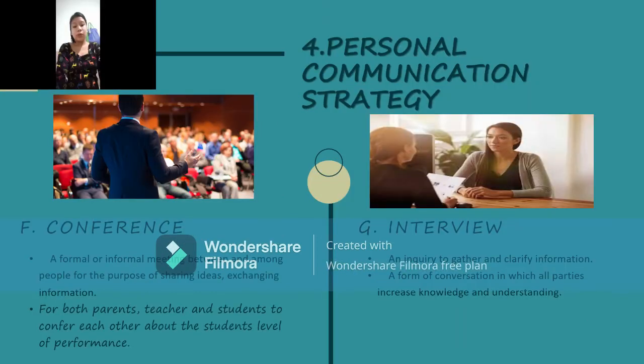So next is number 4, personal communication strategy. Based on the word communication, this is what we are going to use when we are communicating. The two types of personal communication strategy are, first, conference, a formal or informal meeting between and among people for the purpose of sharing ideas and exchanging information, for parents, teacher, and student to confer with each other about the student's level of performance.